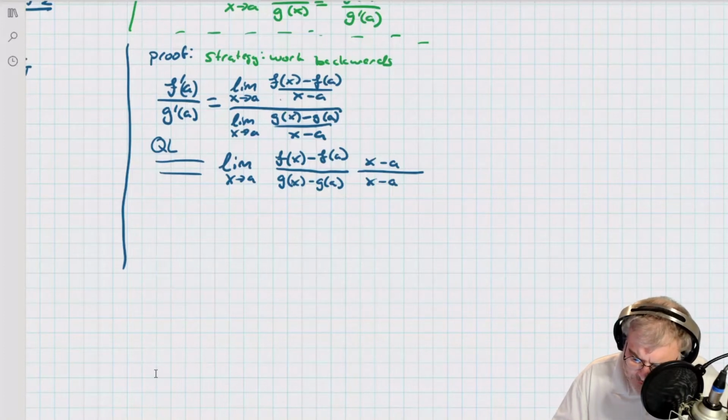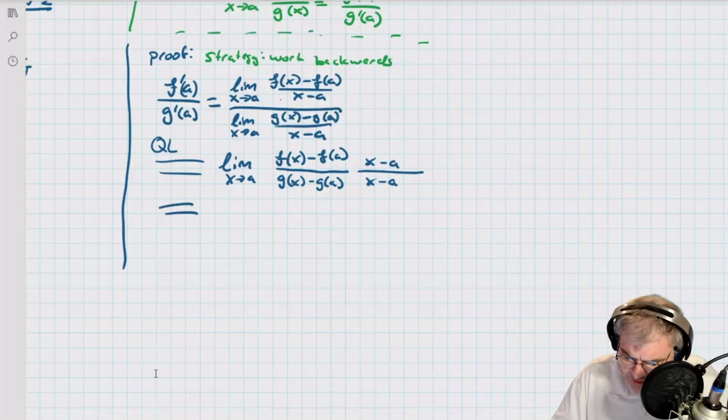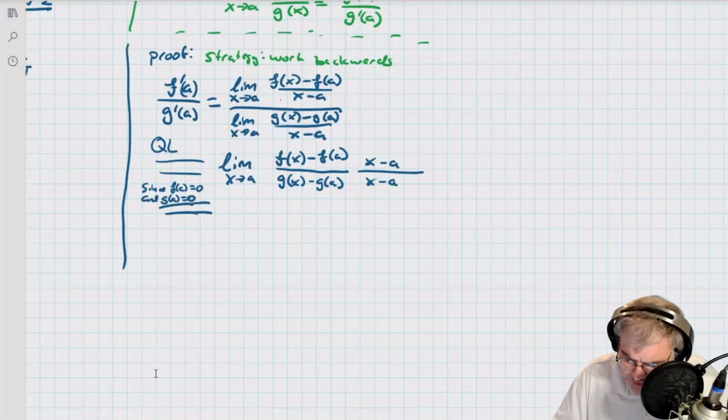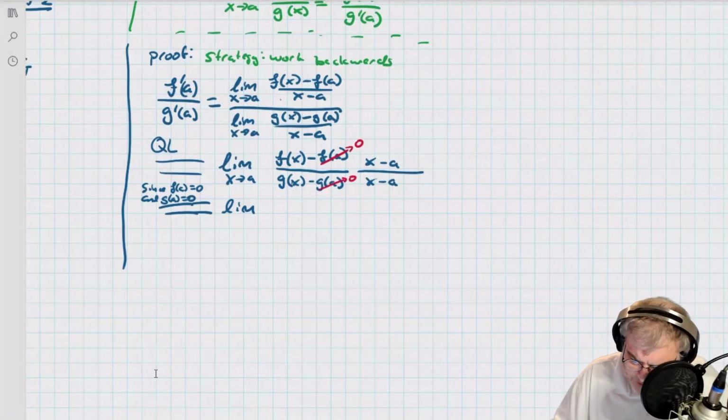Now, once I do that, these things both go to 0. And since these things are both 0, they just go away, right? This right here is 0, and this right here is 0 from the hypothesis.